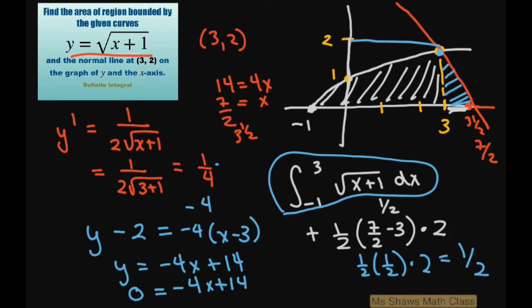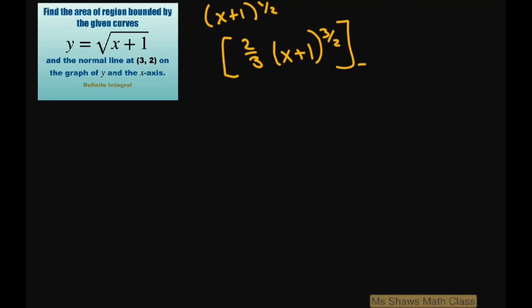So let's do that. We're going to get 2/3. Remember, we have x plus 1 to the power of 1/2. So you're going to write 2/3 times x plus 1 to the power of 3/2, and we're evaluating it from -1 to 3. And then we're going to add the area of that triangle.